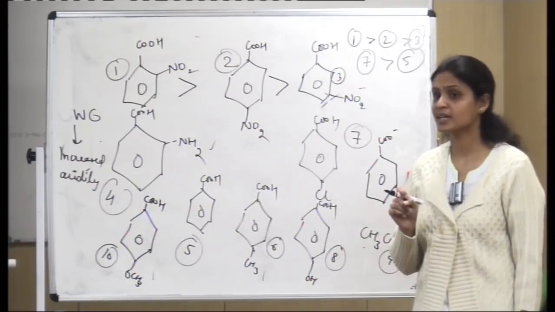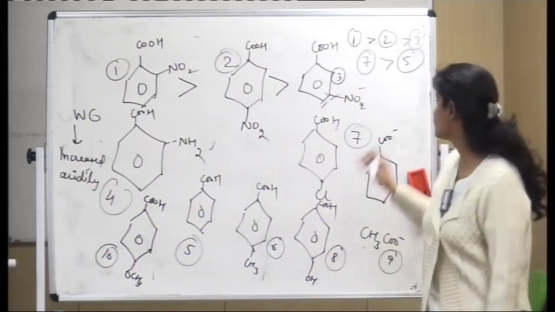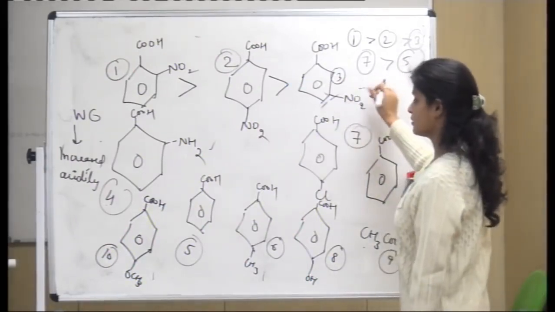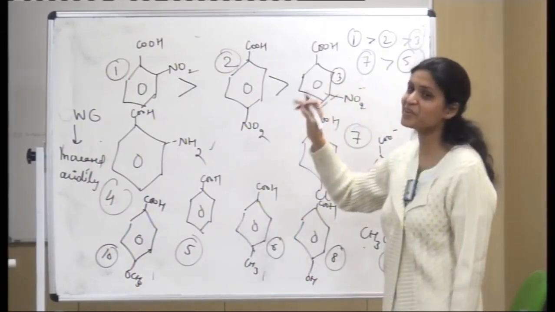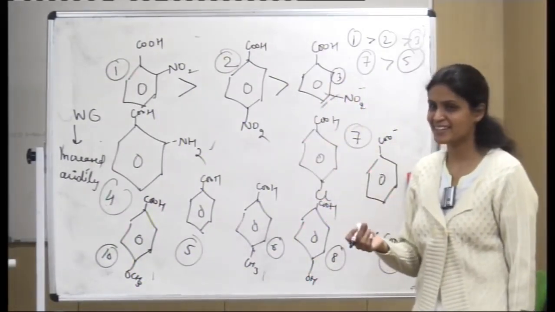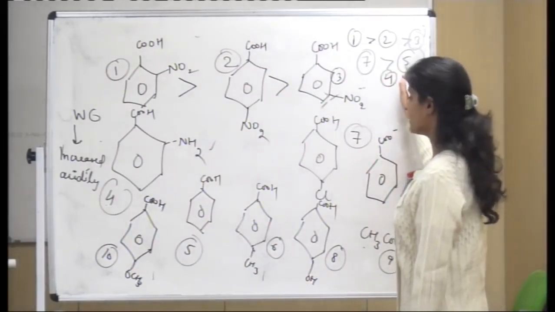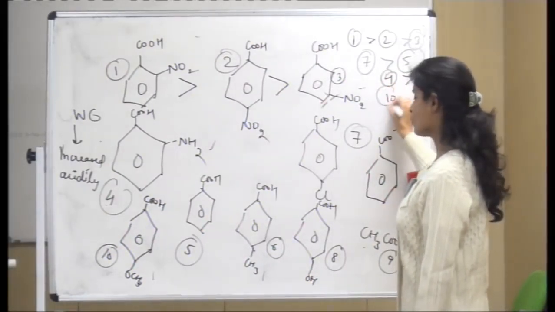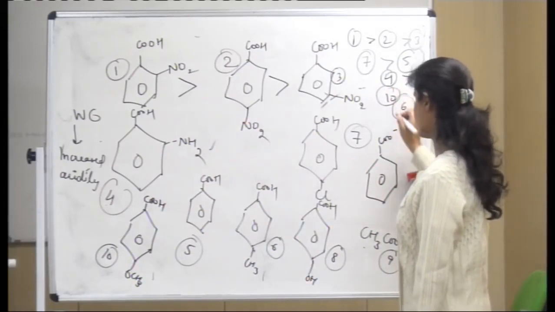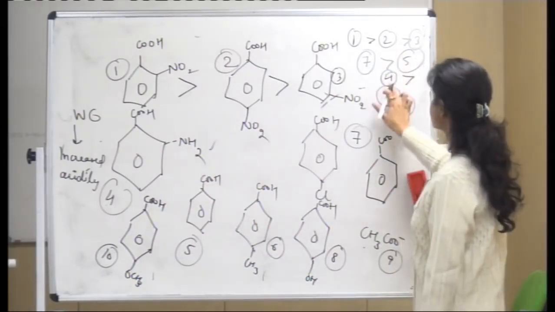NH2 is strong, and is it weak electron donating or strong electron donating? It should be 4 followed by 10 followed by 6 followed by 1, 2, 3, 4, 5, 6, 7, 8.